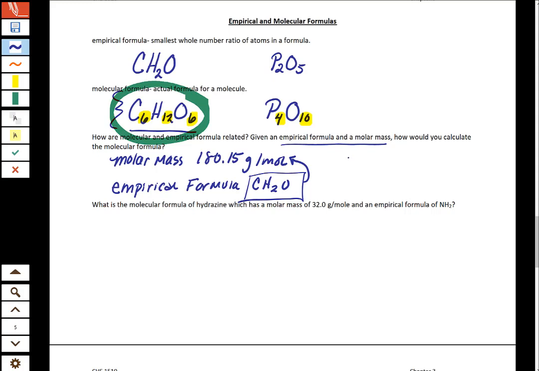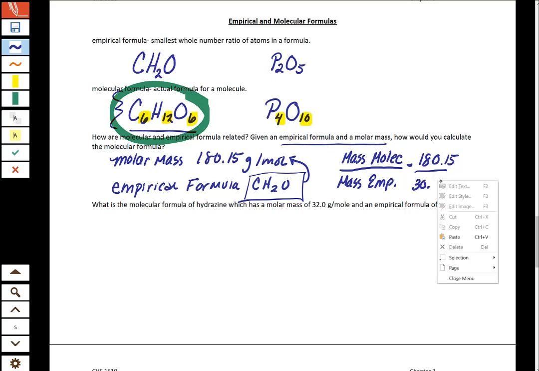We're going to divide the mass of the molecular formula by the mass of the empirical formula. And when we do that, we're not going to freak out that we have some decimals here. We're going to get really close to about 6. So that's my about sign.